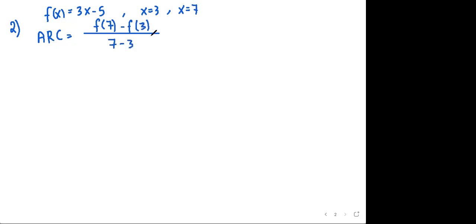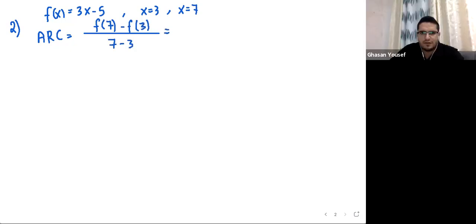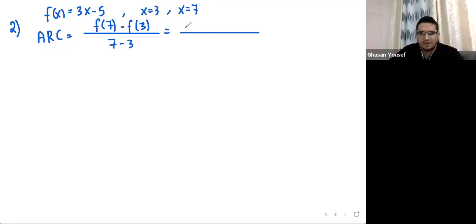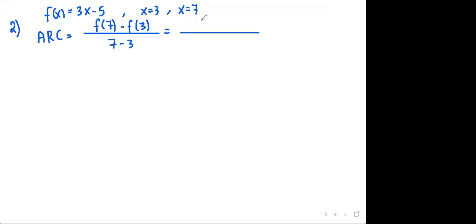Now, what is f of 7 after you plug the 7 inside the function? It's 16, because 7 times 3 is 21, minus 5 is 16, correct?